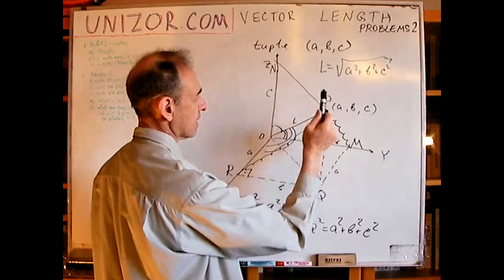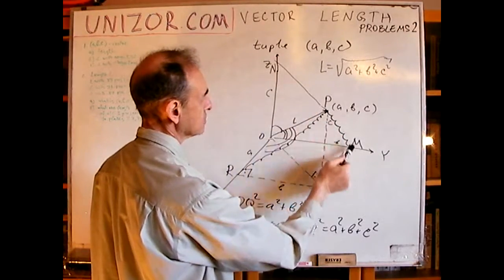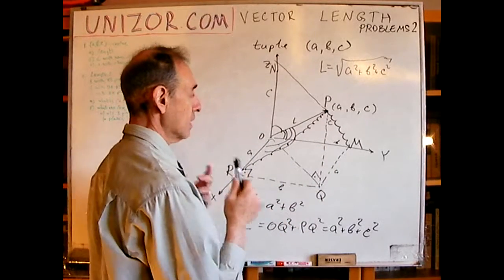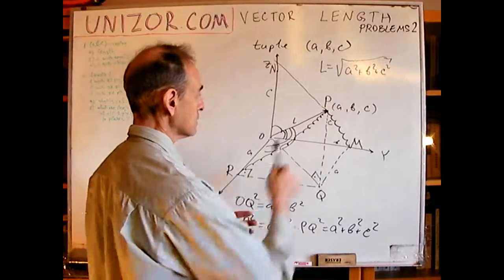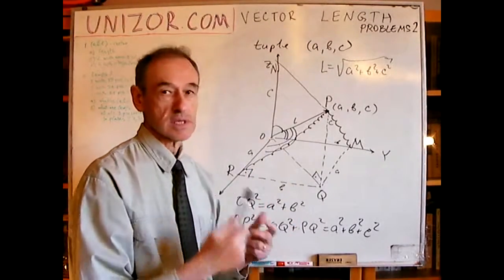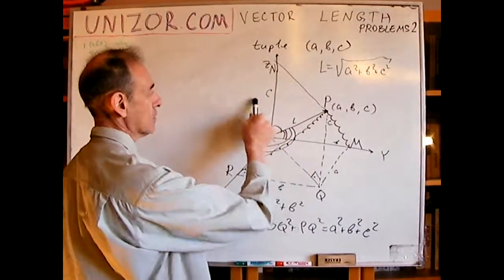Again, OP is the same hypotenuse, and PM is one cathetus, and the other cathetus is B in this case. So, we have three triangles, and their hypotenuse is L, and one of the catheti is correspondingly A, B, or C.